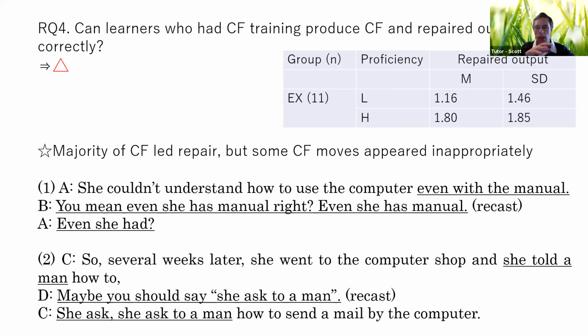So less than 10%, right? Do you feel like it's a problem, or maybe we don't need to worry about it really? I think we don't have to pay so much attention because it's something that normally occurs. When doing CF training, students don't know how to provide or receive CF.